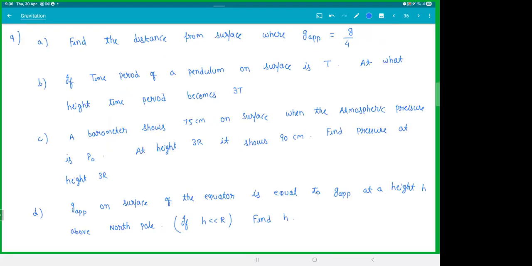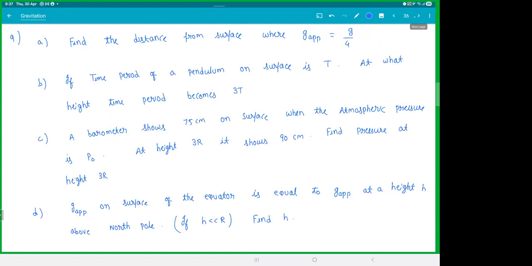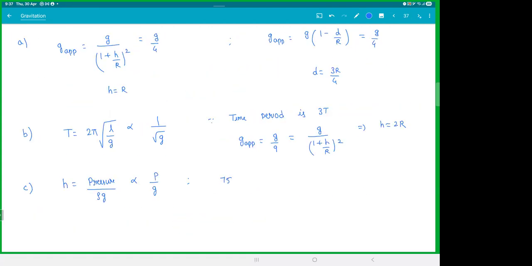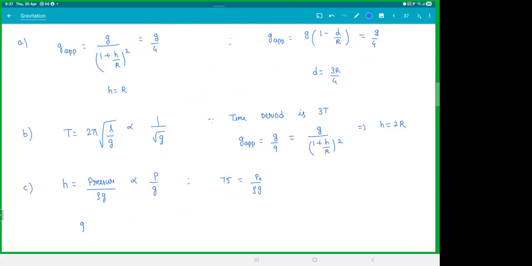The third one, you're talking about the height of a barometer. If you remember the height of a barometer, the formula is H is equal to pressure by rho G. Simple, pressure is equal to rho G H. So H is proportional to pressure by gravity. Initially the height was 75 centimeters, right? The pressure was P naught and rho was rho only and gravity G. And now you're saying when you go to a height of 3R, your G apparent becomes G by 1 plus H by R whole square.